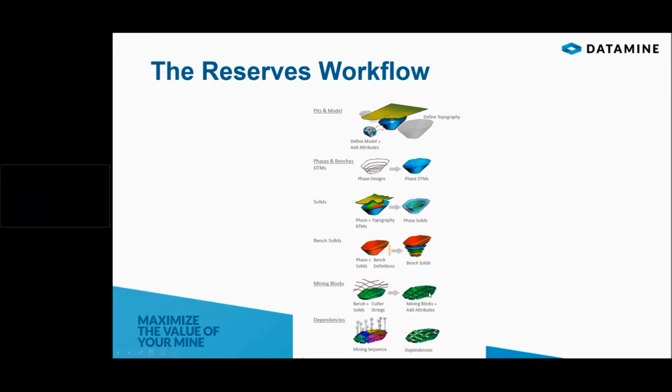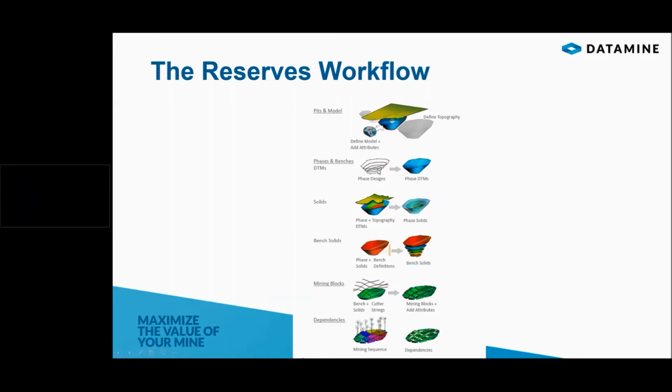As I said, we call them mining blocks. The next step is to create dependencies, and after we create the dependencies, the next job is just to evaluate the reserve in each unit.